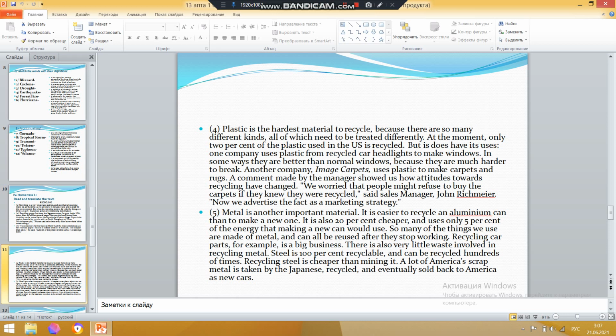Recycling car parts, for example, is a big business. There's also very little waste involved in recycling metal. Steel is 100% recyclable, and we can recycle it hundreds of times. Recycling steel is cheaper than mining it. A lot of American scrap metal is taken by the Japanese, recycled and converted, and sold back to America as new cars.